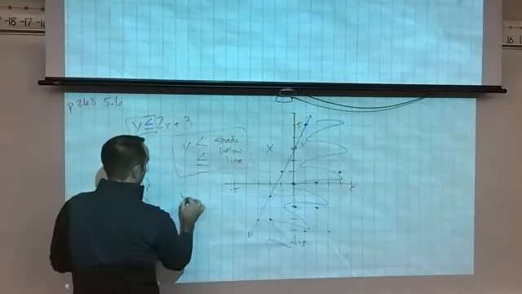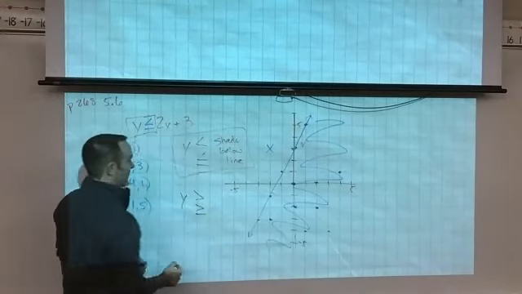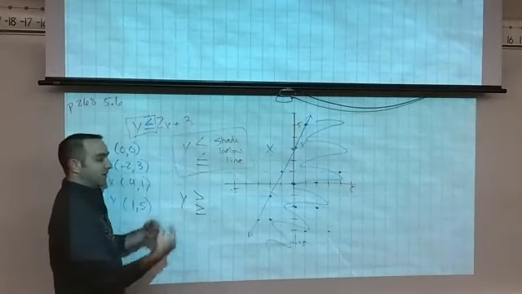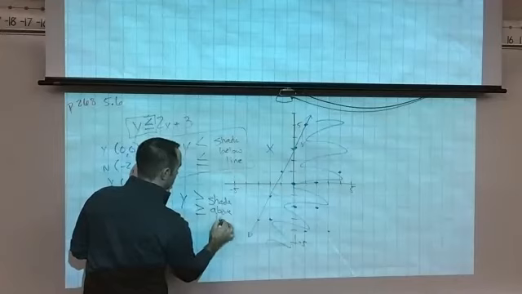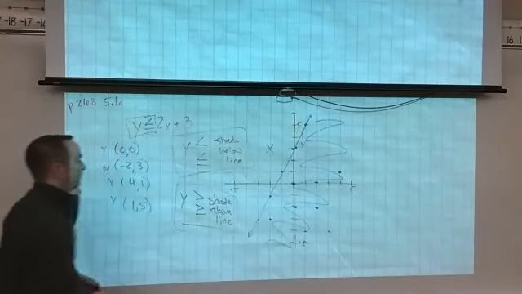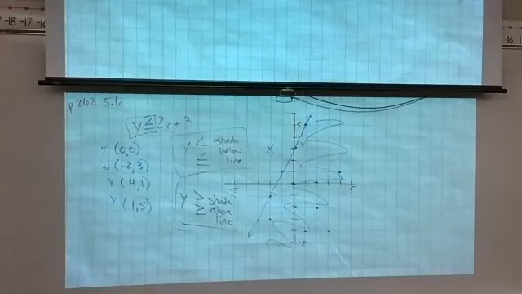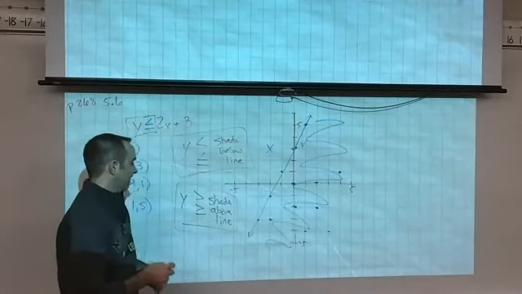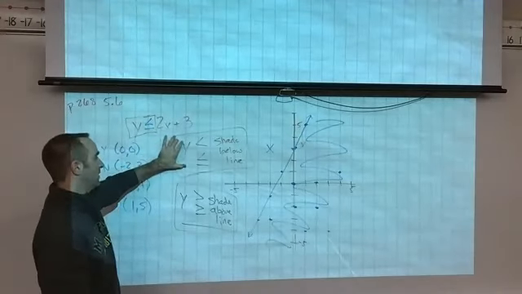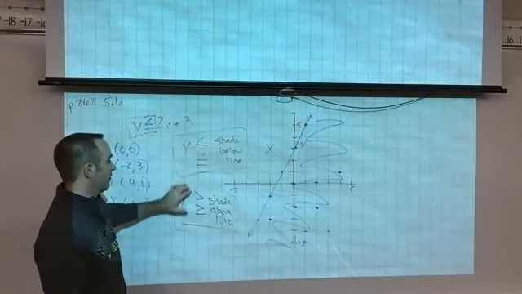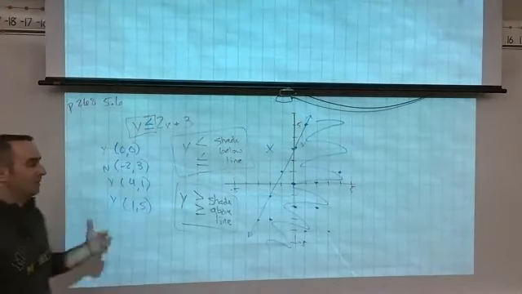Then, because we are bright young minds, if y is greater than or equal to, we're going to shade above the line. So very important that you have this information in your notes. If it's y is less than something, we shade below. If y is greater than something, we shade above. Okay, very important.